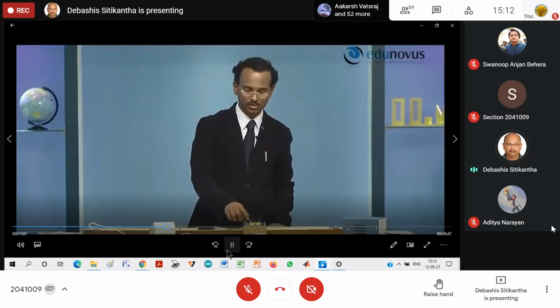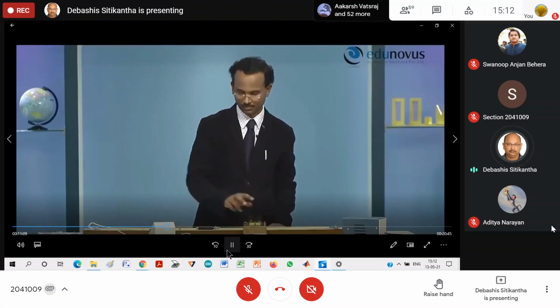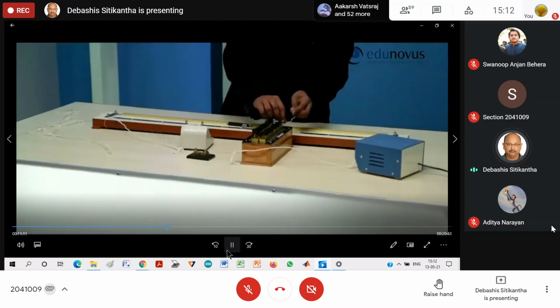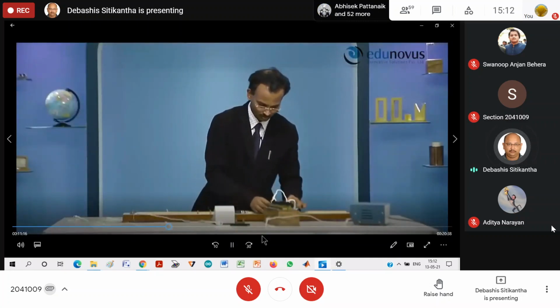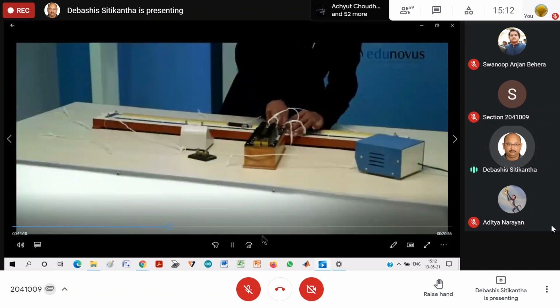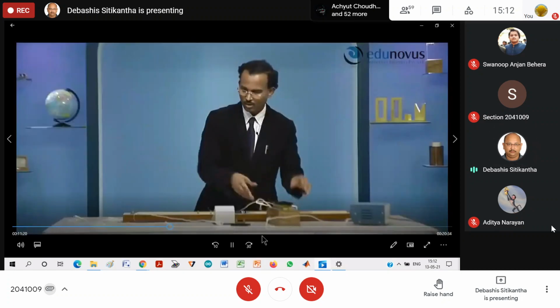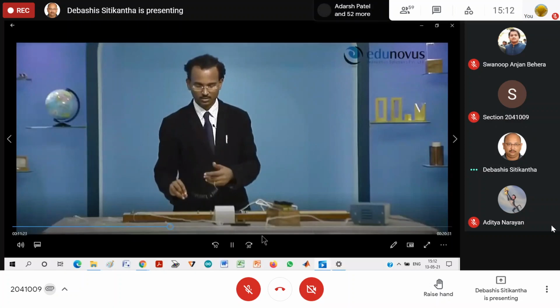Resistance box to the left gap in the meter bridge. Now I will connect the unknown resistance to the other gap.